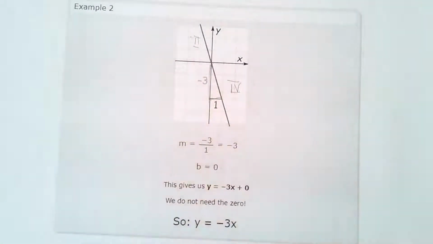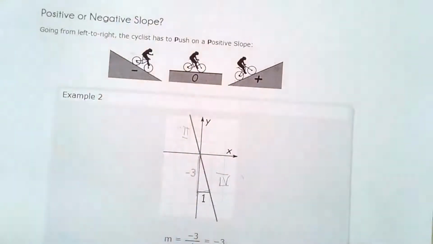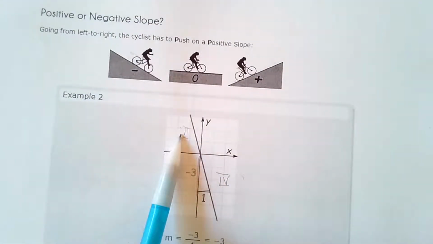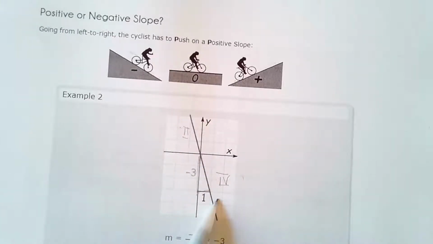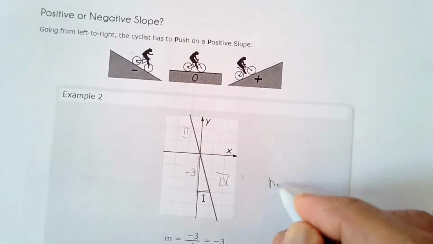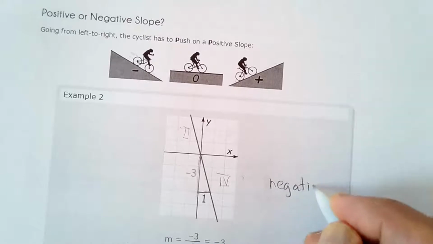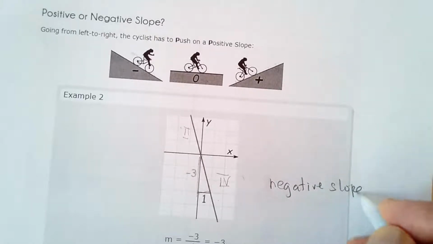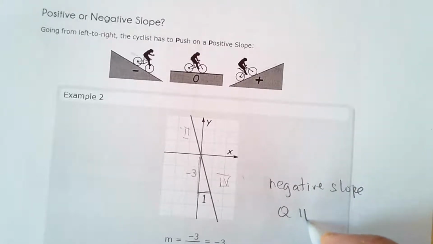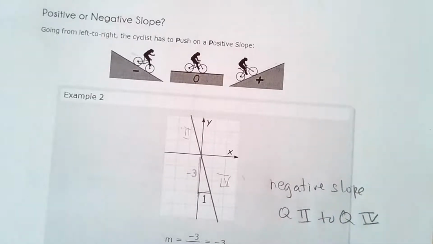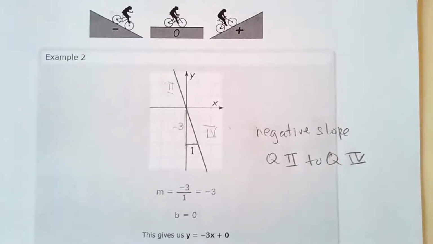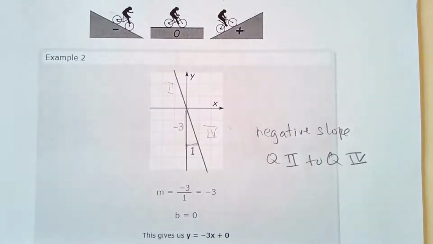So if you have a line that goes from quadrant 2 to quadrant 4, it's a negative slope, and you indicate it by a negative sign.